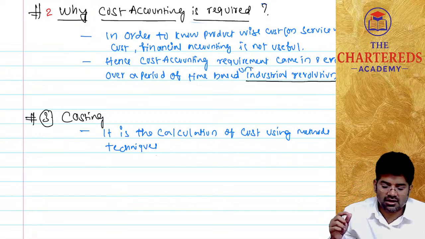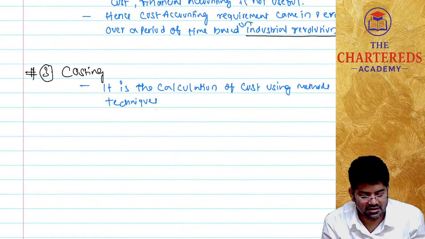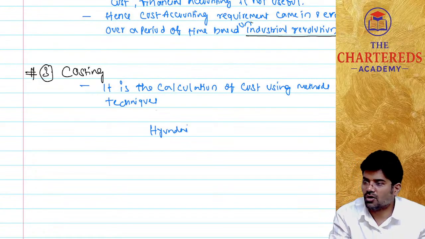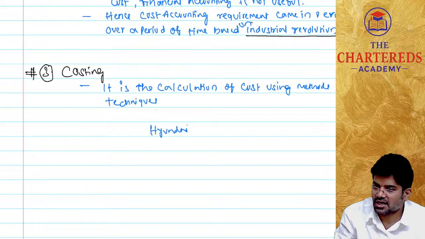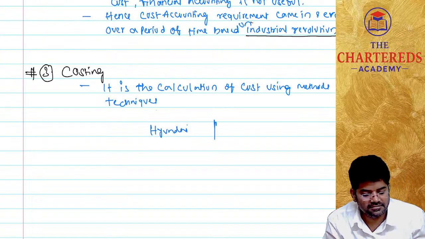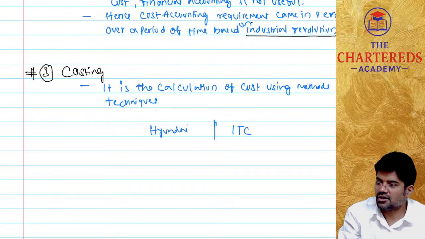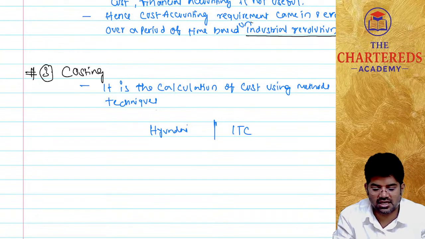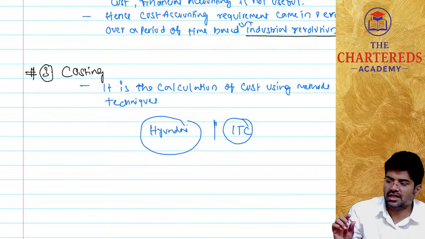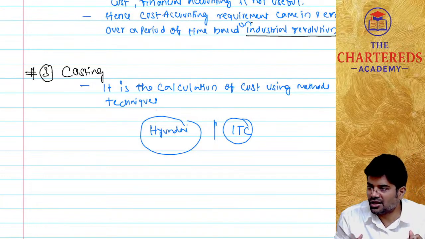Now see here, example, Hyundai. What do they do, Hyundai? Cars they manufacture or not? Yes. Now you have ITC, Indian Tobacco Company. This is consumer based products. This is automobile. Now, when they calculate cost, do you think both will follow the same methodology?